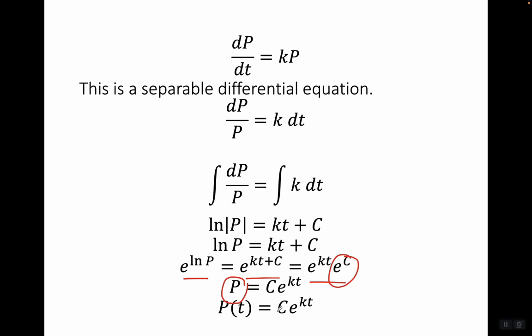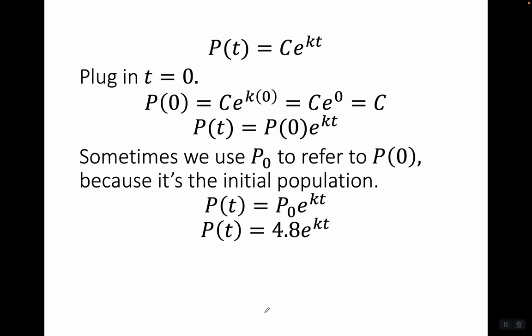So we have P equals C e to the kt, or in other words, P of t equals C e to the kt. Okay, so that's our population equation. To find C, let's plug in t equals 0. P of 0 equals C e to the k times 0, which is C e to the 0, which is just plain C. So notice, C, our constant, is just P of 0.